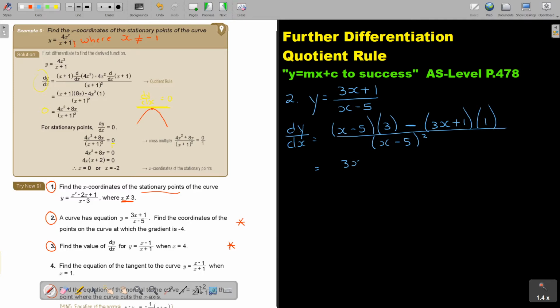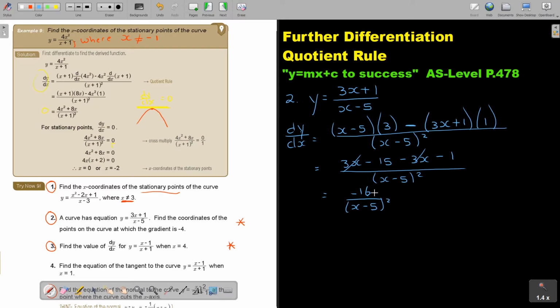So it's going to be 3x minus 15. This is minus 3x minus 1. And that is going to give me over just at least that little bit. So this is cancelling, do you see? So it's negative 16 over x minus 5 squared.